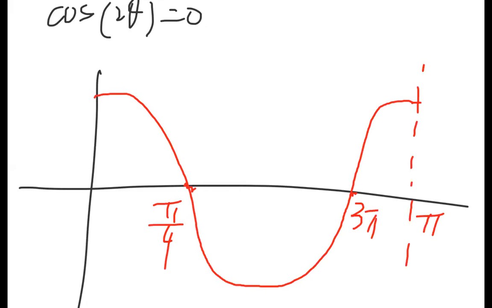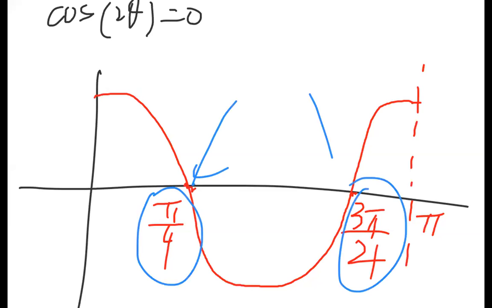Instead of 3 pi over 2, it becomes 3 pi over 4. So cosine of 2 theta equal to 0 is basically the intersection with the x-axis, which is these 2 points respectively.